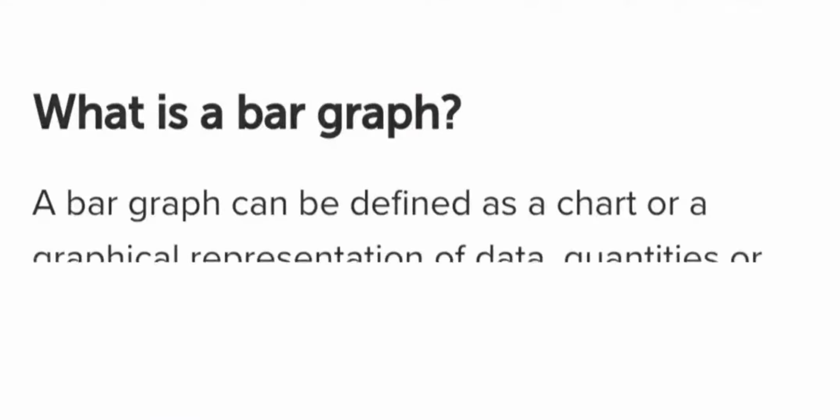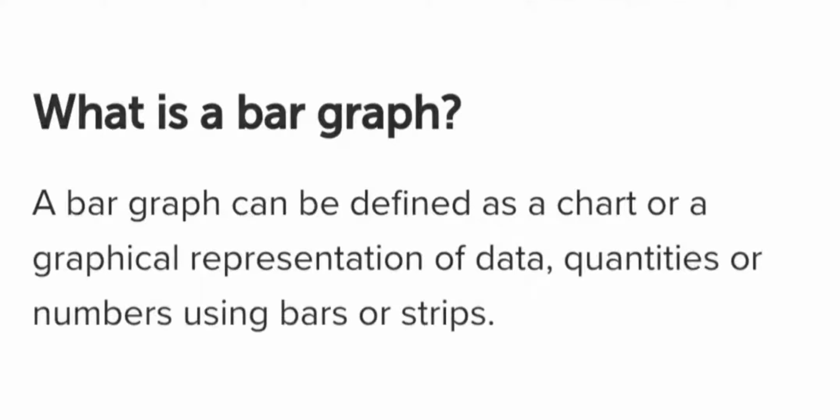Next is bar graph. What is a bar graph? A bar graph can be defined as a chart or a graphical representation of data, quantities, or numbers using bars or strips. Data represented in bars is called a bar graph.